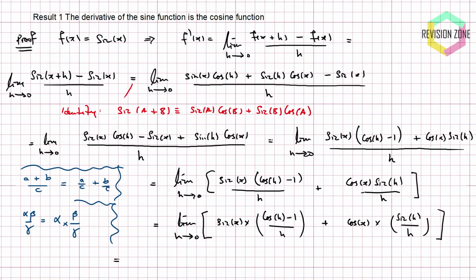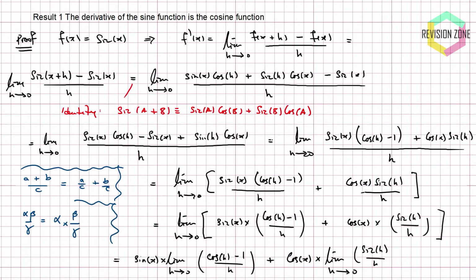I can write it here to make a bit of room. So I can say sine x, because the limit, as I say, does not apply here on the x. And then the limit does apply to cos h minus 1 over h. And then the limit's going to apply to the second term, but it doesn't apply to the first part of it because that's only in terms of x. So it's going to be the limit as h tends to 0 of sine h over h.